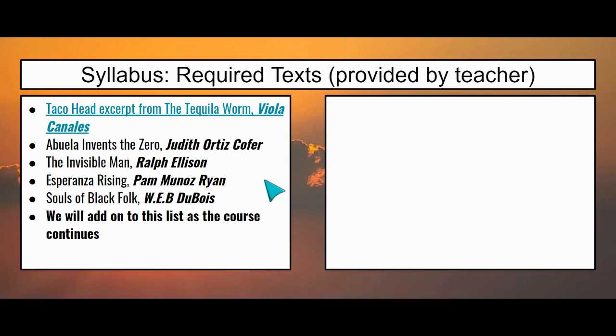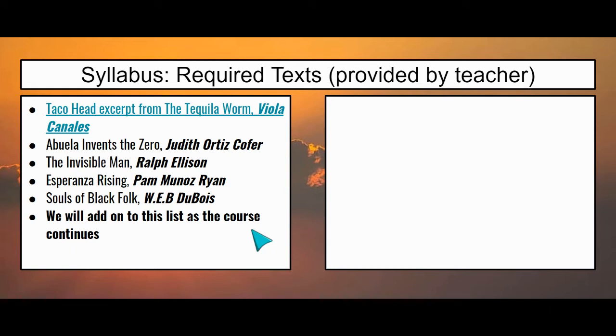Here's some of the text that we'll be reading that I will be providing for you. You don't need to go out and get these texts or anything like that. I'll be providing it for you. We'll be reading Taco Head, which is an excerpt from The Tequila Worm by Viola Canales. We'll be reading Abuela Invents the Zero by Judith Ortiz Cofer.